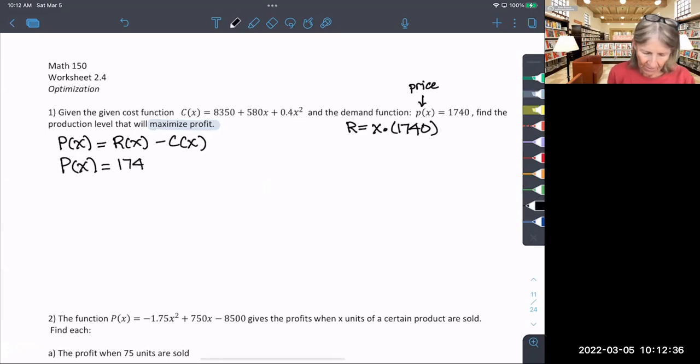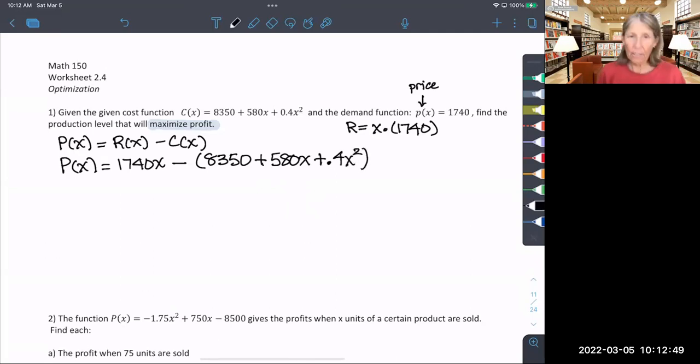So I've got 1740x minus our cost. Again, don't forget the parentheses, because you're going to be distributing the negative. Revenue minus cost here, distribute the negative, combine some like terms, and get yourself a profit function.